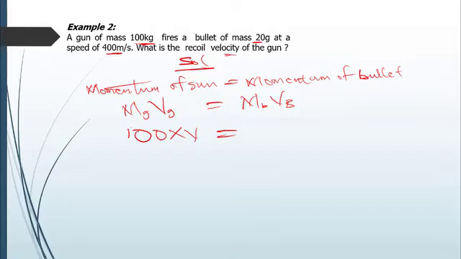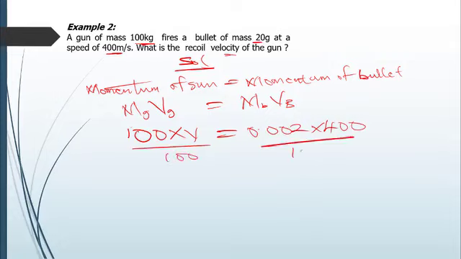Converting 20 grams to kg gives us 0.02 times 400. Making v the subject of the formula means we are going to divide both sides by 100. 100 will cancel 100, so v, which is the velocity of the gun, is going to give us 0.02 times 400 all over 100.